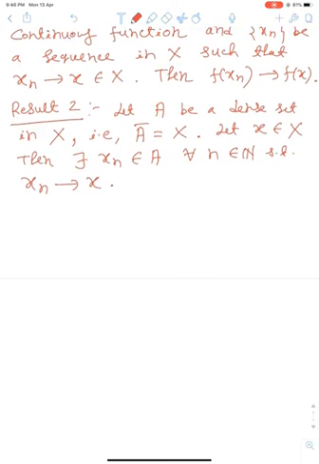So this is not true in general, but this is true if the topological space X is first countable.